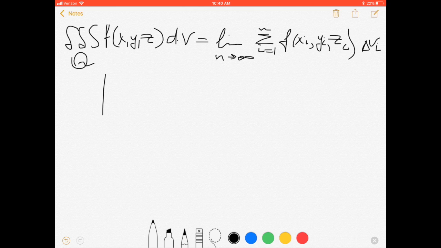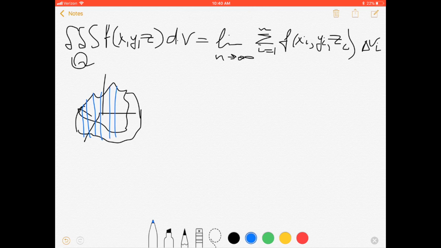What does this mean? If you have some object here, and we divide it into some pieces, but because we have three dimensions, its pieces will be like small cubes here.